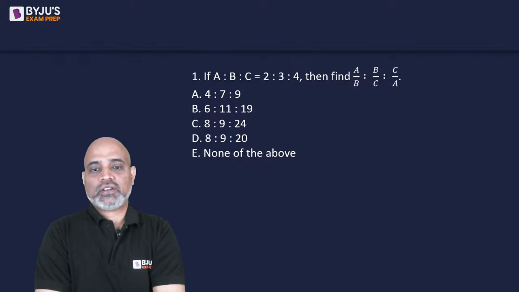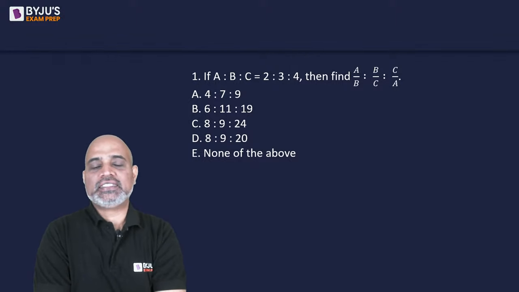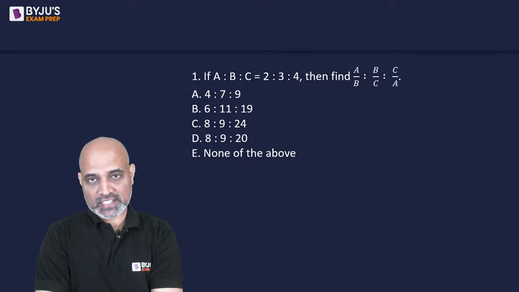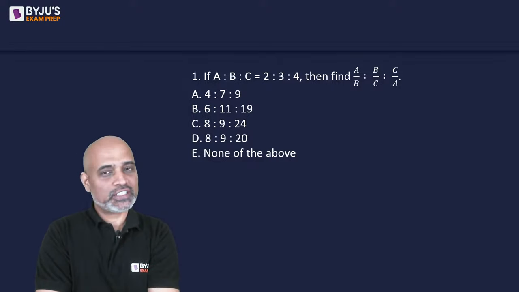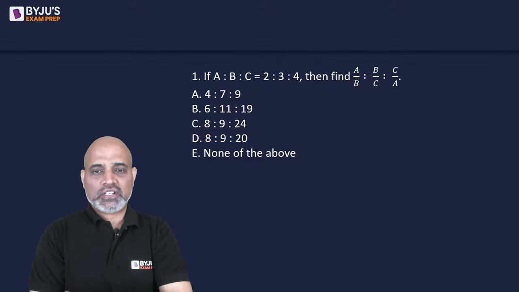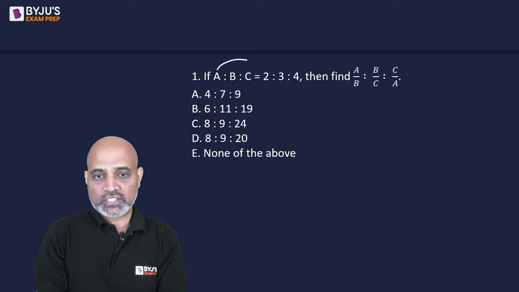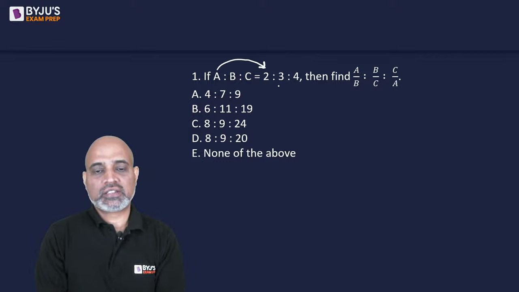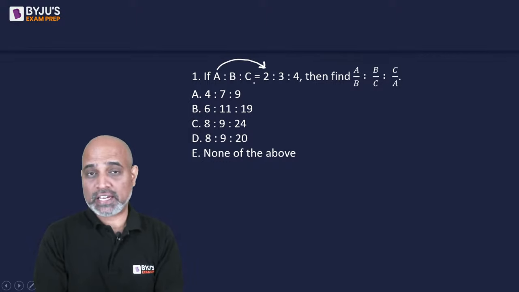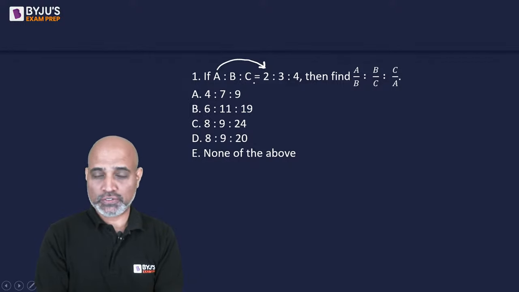So, how do we solve questions like these? If A is to B is to C is given as a ratio and then you are asked fraction wise what are the ratios? So, please remember that when it comes to ratios, since there are 6 values here, A, B, C are 3 variables and 2, 3, 4 are 3 values.